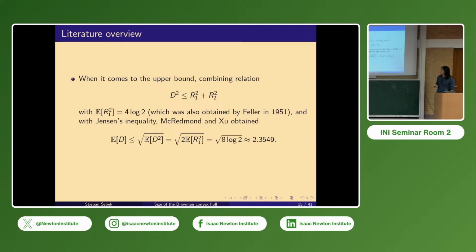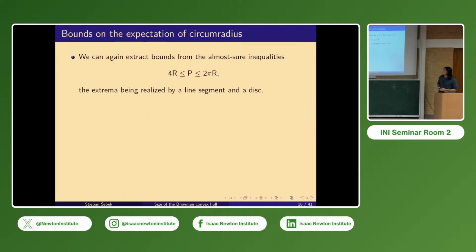Okay, then we started with the circumradius and inradius. But what was even more interesting to us were the inverse processes, but I'll come to that later. When it comes to the circumradius, the same picture can be used.